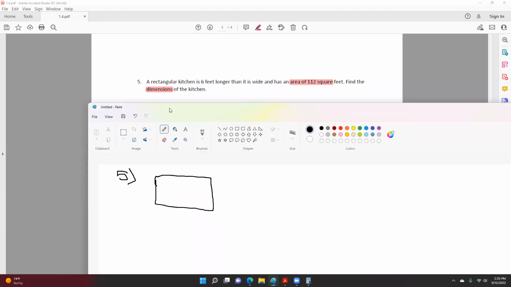And this is the length, and this is the width. Usually the width is shorter than the length. The length is 6 feet longer than its width. So one of these has to be x, and the other one has to be in terms of x.